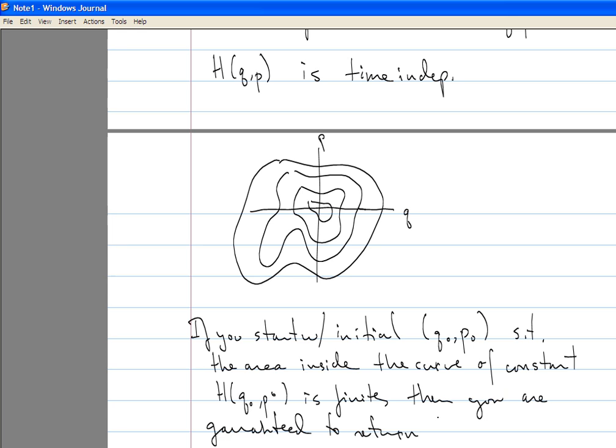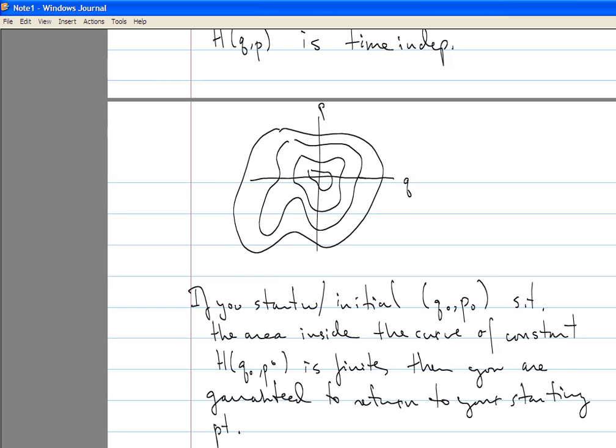So, for example, let's say we started with the momentum equal to 0 and the position equal to some value q naught. Then energy is conserved, which means that as you evolve in time, you would evolve along this line of constant Hamiltonian.